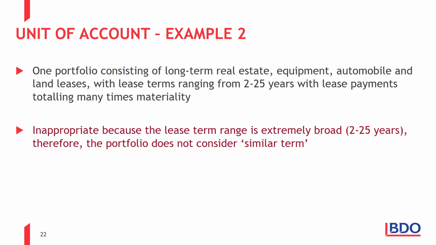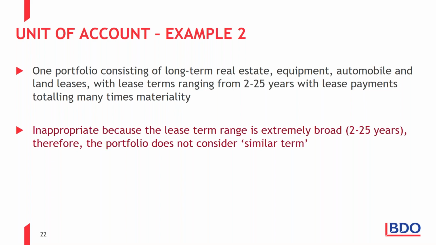Here we have a scenario where an entity has constructed a portfolio consisting of long-term real estate, equipment, automobile, and land leases, and the lease terms range from 2 to 25 years, with lease payments totaling many times materiality. I think quickly this is the complete opposite to example 1. It's obviously inappropriate to construct a portfolio of this nature.